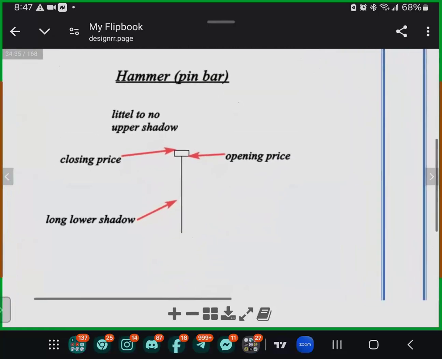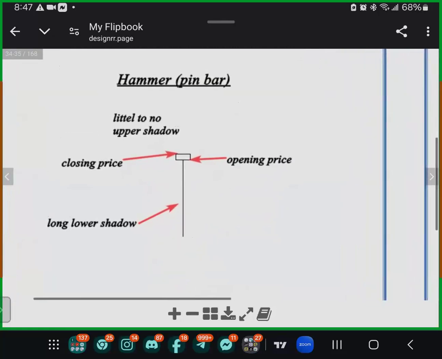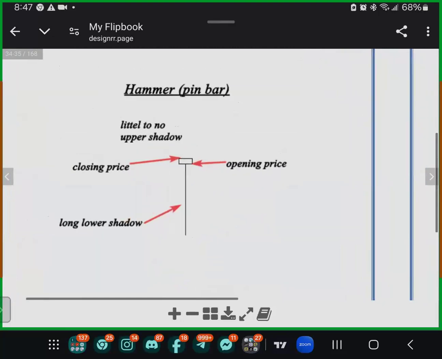This is the lower shadow. The closing price is not like the dragon doji where it's together in a thin line, this has a little meat on the bones. So the closing price is right there at the top. The opening price is right here where the arrows are pointing.